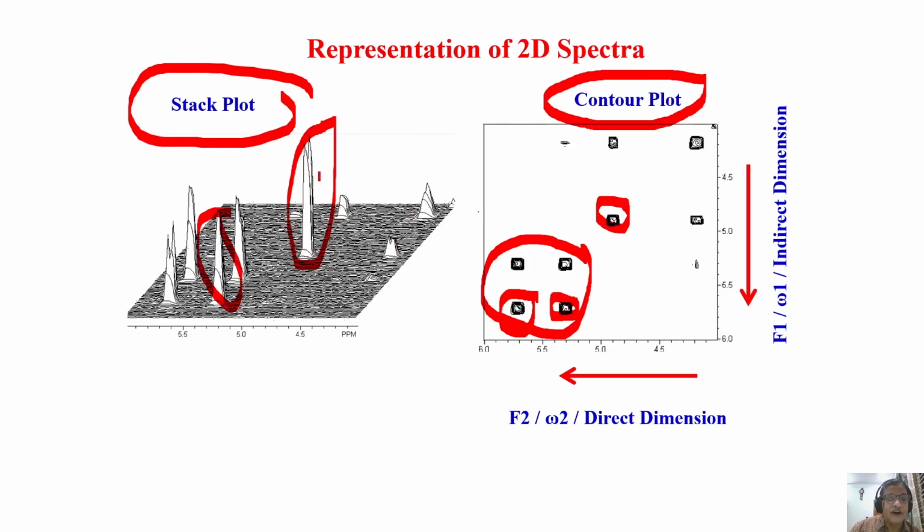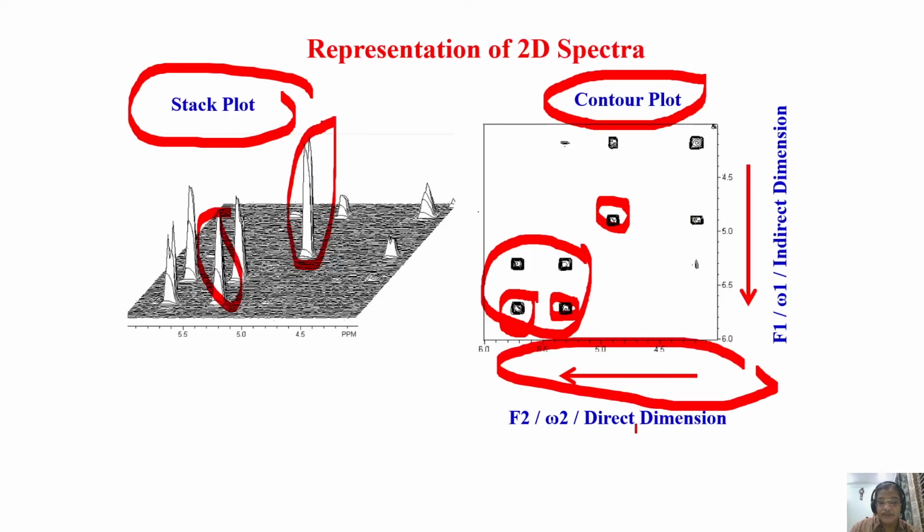This is just a translation of the stack plot. The peak in the normal one-dimensional pattern is transferred to a contour like this, for easy representation. This is called the direct dimension, the detection dimension, F2, omega 2. This is F1, omega 1, the indirect dimension.